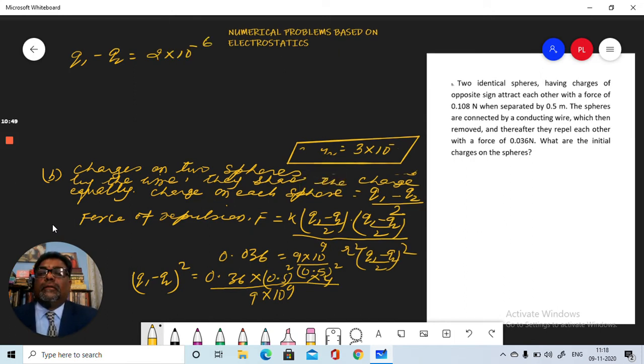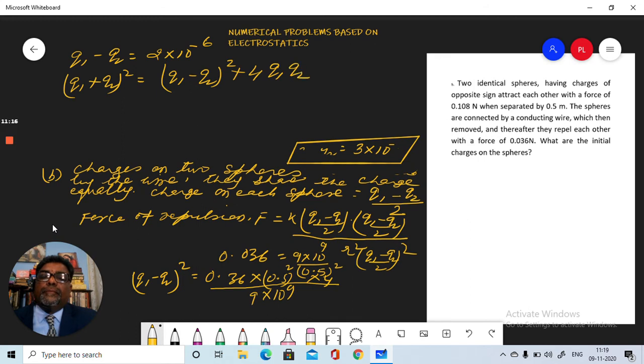Now we can calculate Q1 and Q2. How? We can use the formula. We know Q1 plus Q2 whole square is equal to Q1 minus Q2 whole square plus 4 Q1 Q2. The formula is A plus B whole square is equal to A minus B whole square plus 4AB. Now, if you get Q1 plus Q2, you can solve the equation and you will get the value of Q1 and Q2.